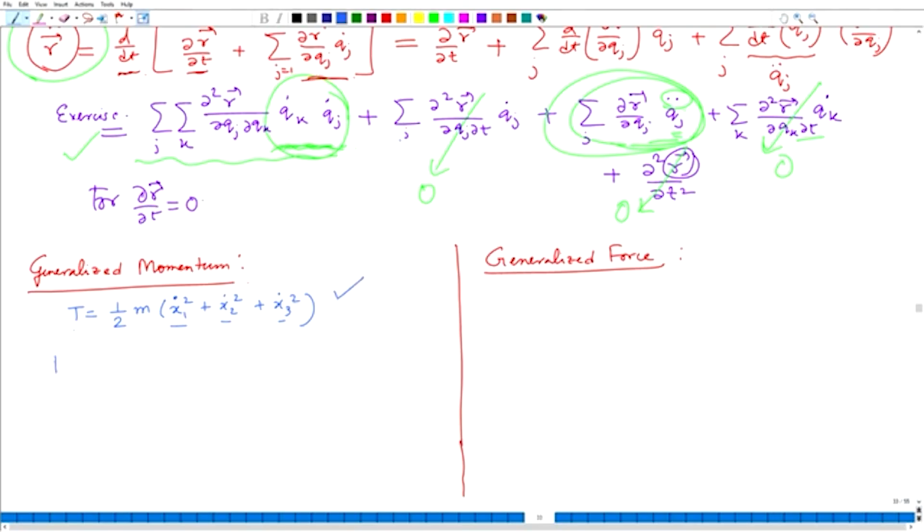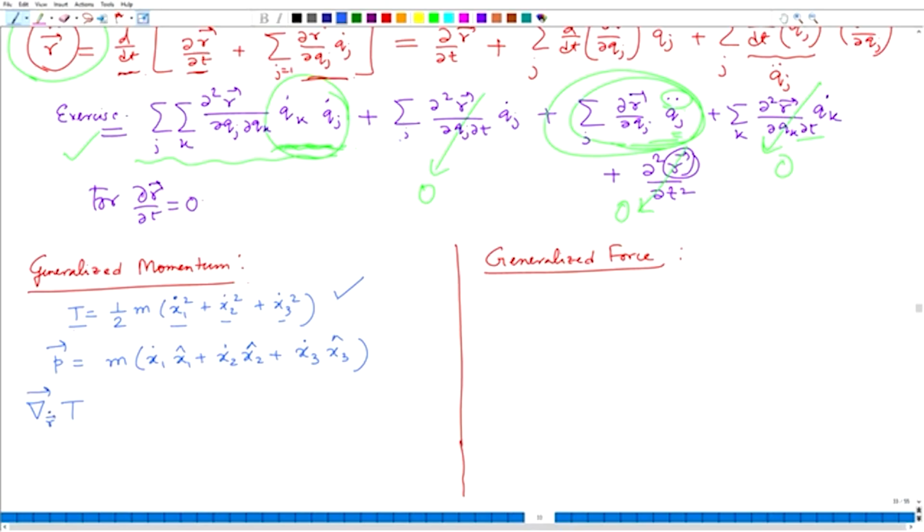So, the linear momentum of the particle is simply given by p equals m (x1 dot x1 cap plus x2 dot x2 cap plus x3 dot x3 cap). And you can always show that this p can be obtained from T by an operator, which I can write like this.